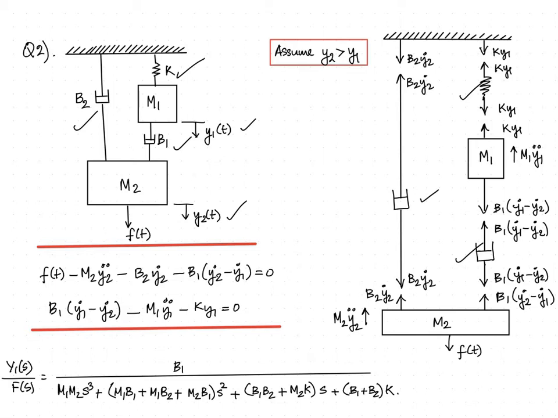Here f of t is acting downward, the displacement y2 of t is also towards the downward direction, hence the inertial force m2 into y2 double dot will be in the opposite direction. The reactions of the dampers will be also towards the top, hence as far as m2 is concerned, we can write this equation. Based on the marking of the directions of the forces and reactions, we can see that b1 into y1 dot minus y2 dot will be towards downward direction.